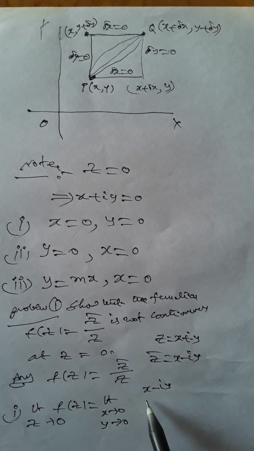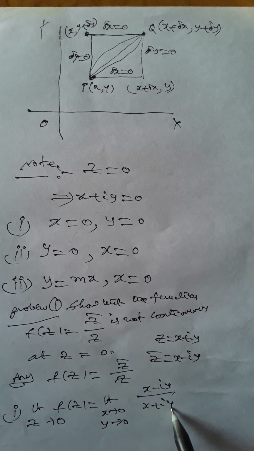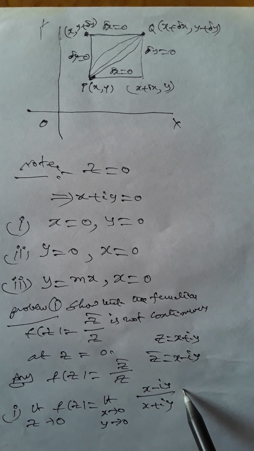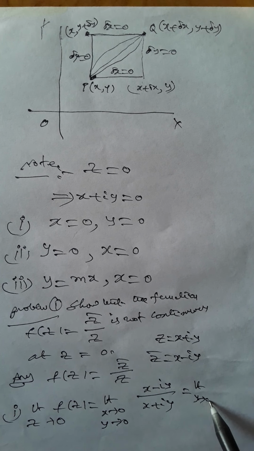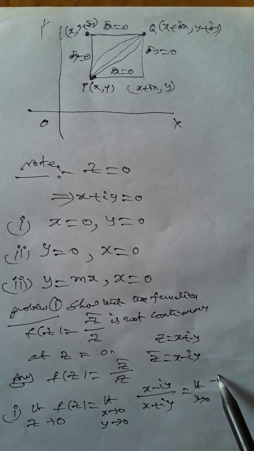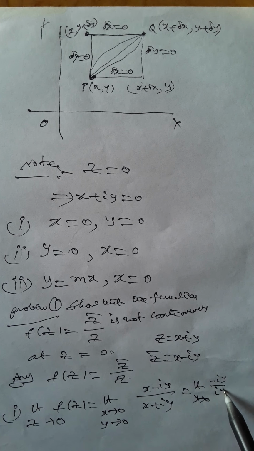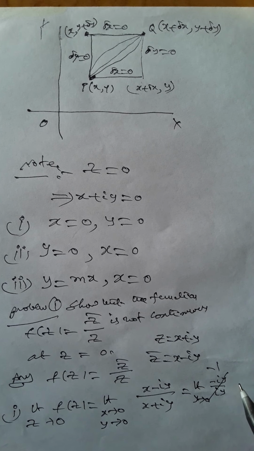So (x - iy)/(x + iy). Here first we put x = 0, we get limit y tends to 0 of -iy/iy. So we get -1.